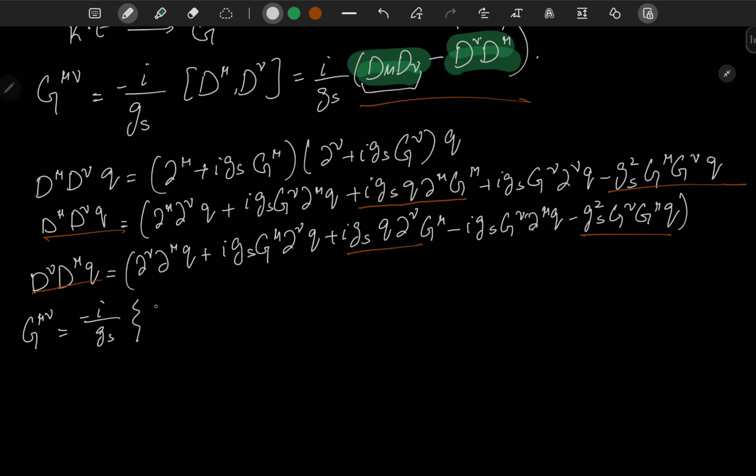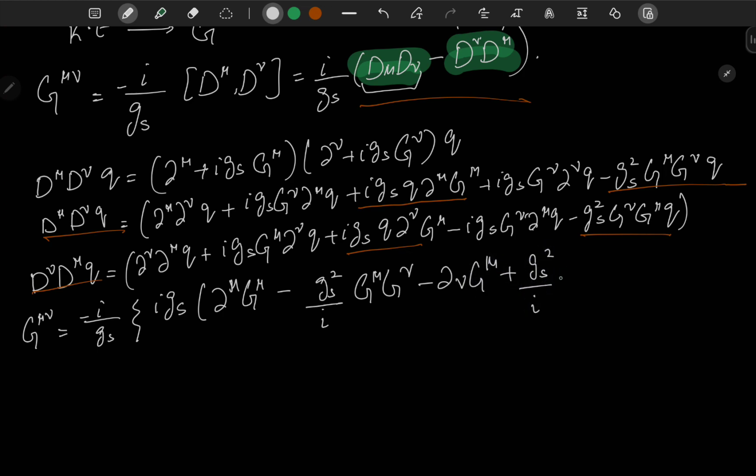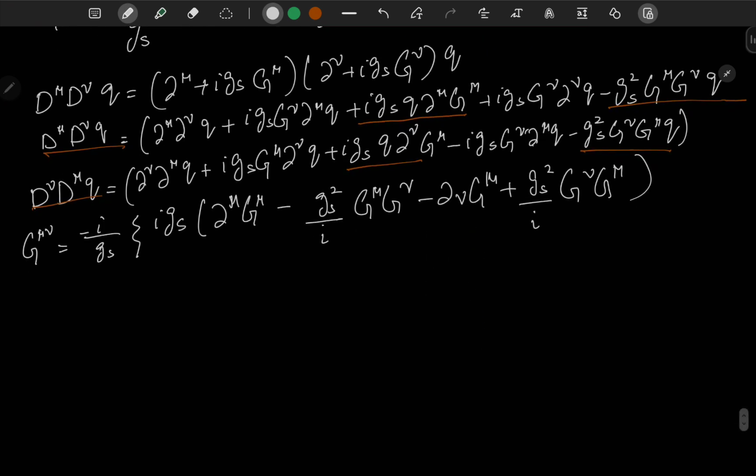Okay, so we take the common term out, and we will be left with D_mu g_mu minus g_s square upon i g_mu g_nu, minus D_nu g_mu plus g_s square upon i g_nu g_mu.